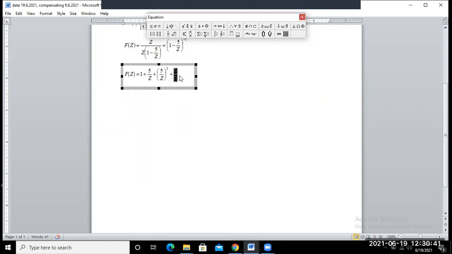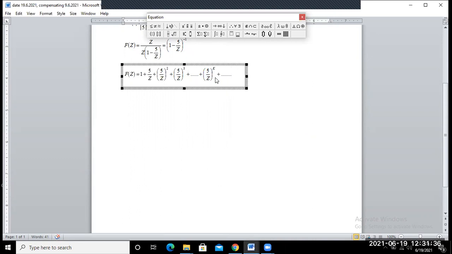We can write it in this way, up to (5 by z) to the power k, and so on.